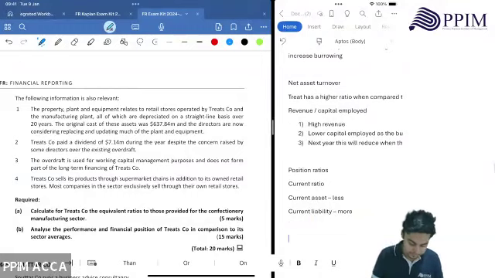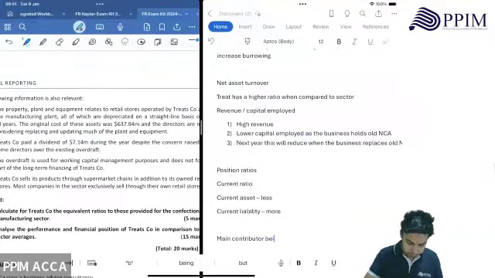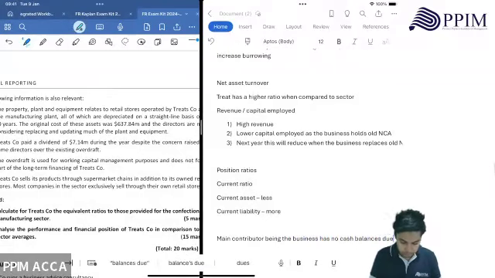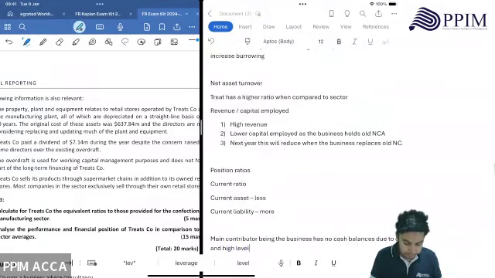Okay, so you can start writing the answer, guys. The main contributor being the business has no cash balances due to overdraft situations, and high level of borrowing.